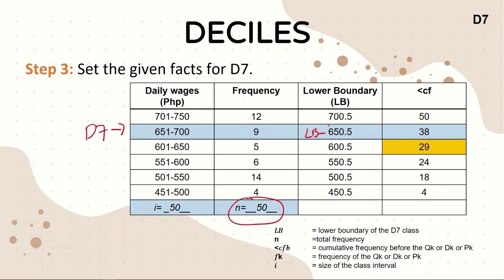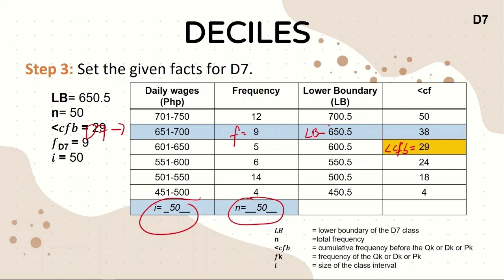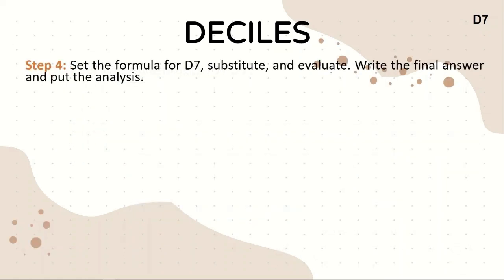The less than cumulative frequency before the position for decile 7 is equal to 29, the frequency of decile 7 is equal to 9, and i is equal to 50. So step 4, set the formula for decile 7, substitute and evaluate.